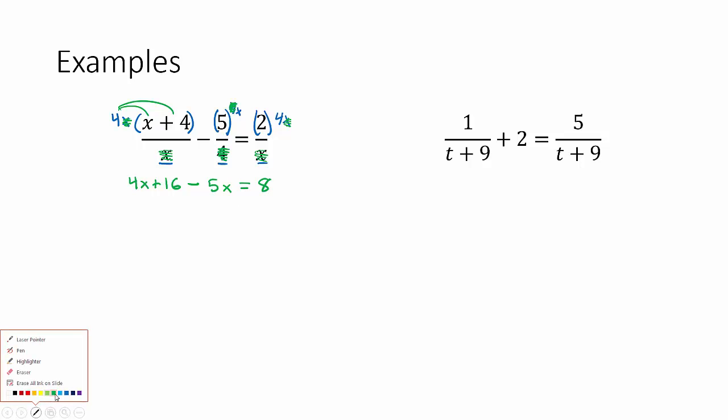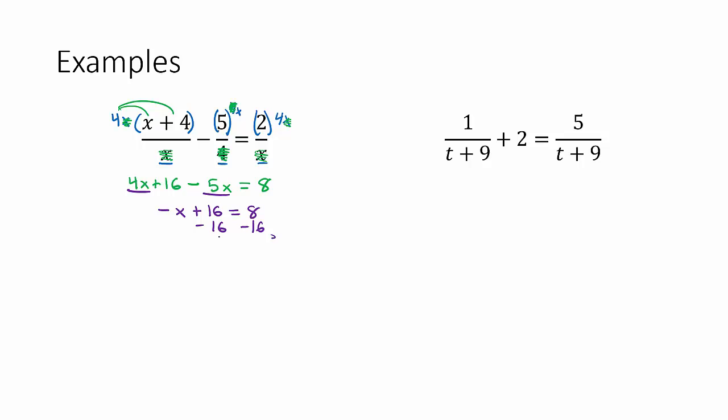And now I have an equation with no fractions that I can solve. First, we'll clean up a bit. 4x minus 5x, combining like terms, is negative x plus 16 equals 8. Subtract 16 from both sides, and negative x equals negative 8. Divide both sides by negative 1, and x equals positive 8.